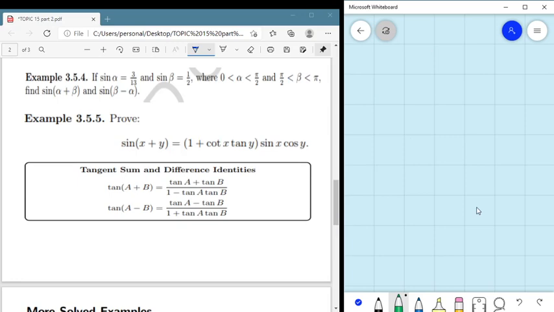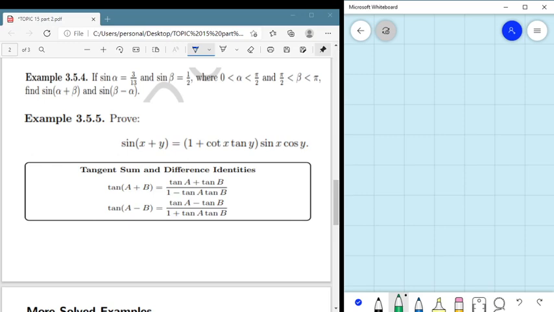We are given that sine alpha is 3 over 13 and sine beta is 1/2, where alpha is greater than 0 but less than pi over 2, and beta is greater than pi over 2 but less than pi. Find sine of alpha plus beta and sine of beta plus alpha.